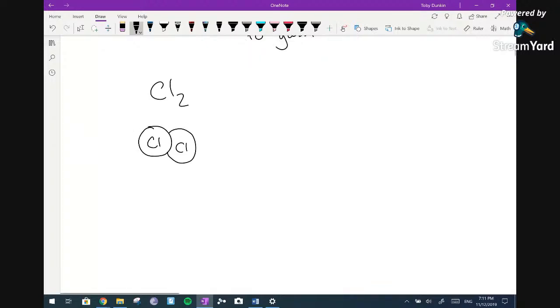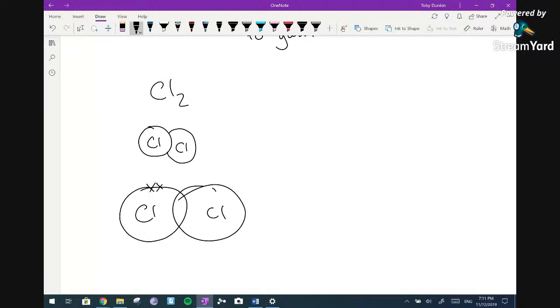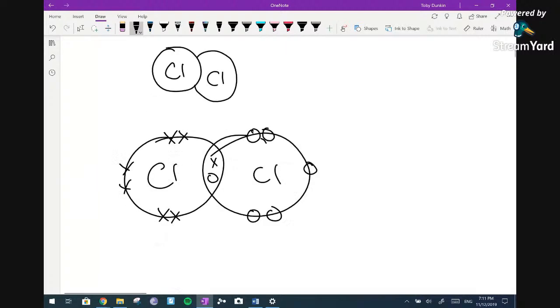We can even look at it from a Lewis dot and cross diagram. So we've got chlorine in its diatomic pair with the electrons in the gaps. So you can see that the chlorine atoms are sharing 1 electron.